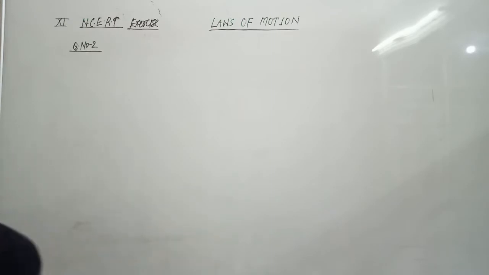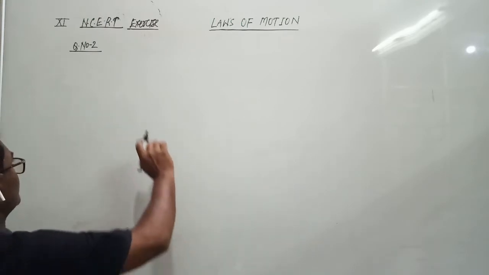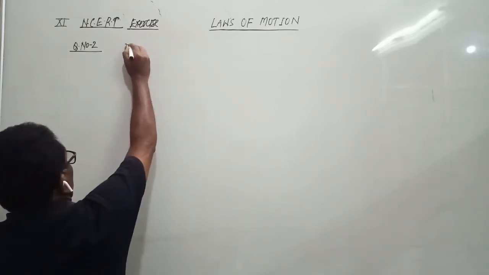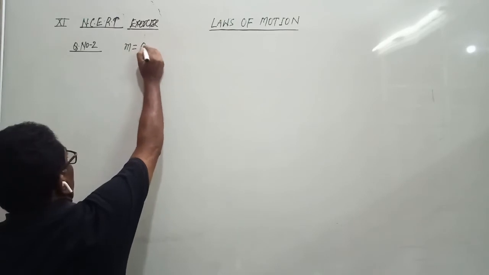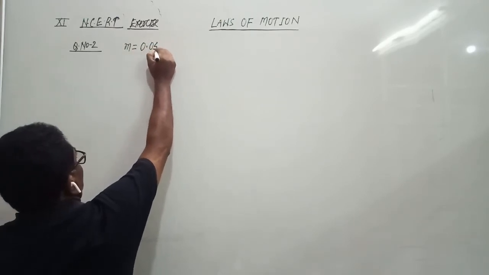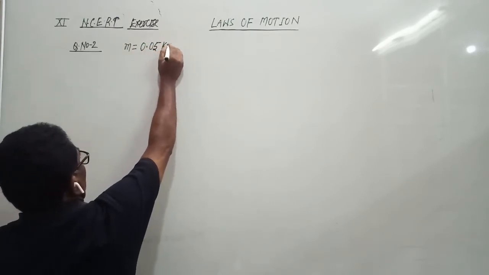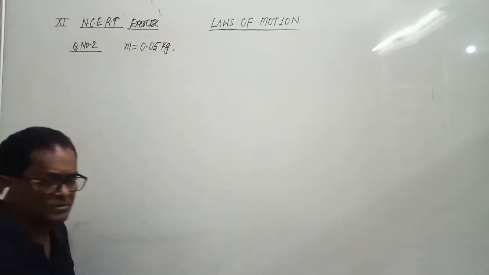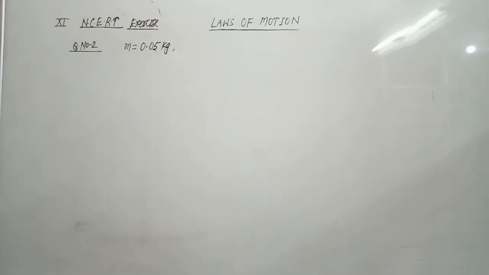Question number 2. It is given that a pebble of mass 0.05 kg is thrown vertically upwards.